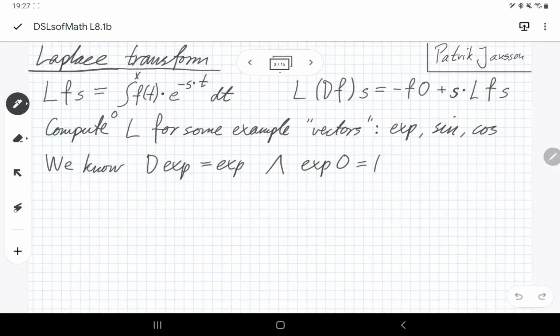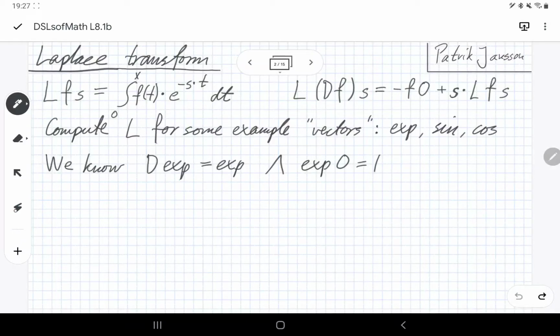So here we got a specification of the exponential function, saying it actually is invariant with respect to derivative. It ignores it, it just returns the same. And if we apply it at the point 0, we get 1 out. And those two things we need to know to be able to transform it.